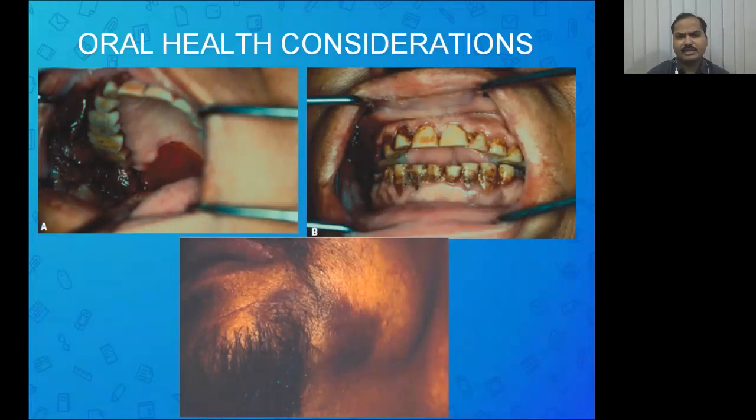Frank bleeding areas will give clots in the oral cavity, and there will be a foul smell. The patient will not be able to eat or drink anything, and there will be spontaneous bleeding from a certain aspect of the oral mucosa, from the gingiva, or any ulcerative lesion which is bleeding spontaneously.